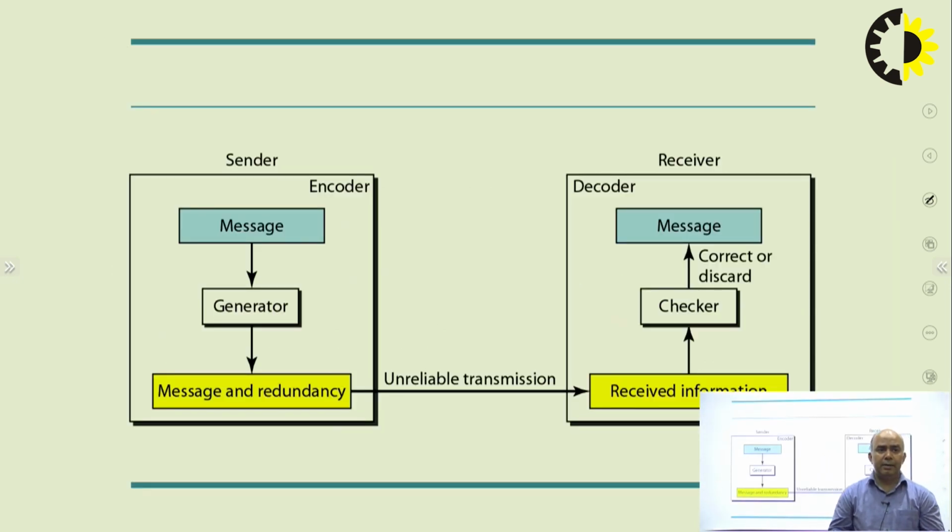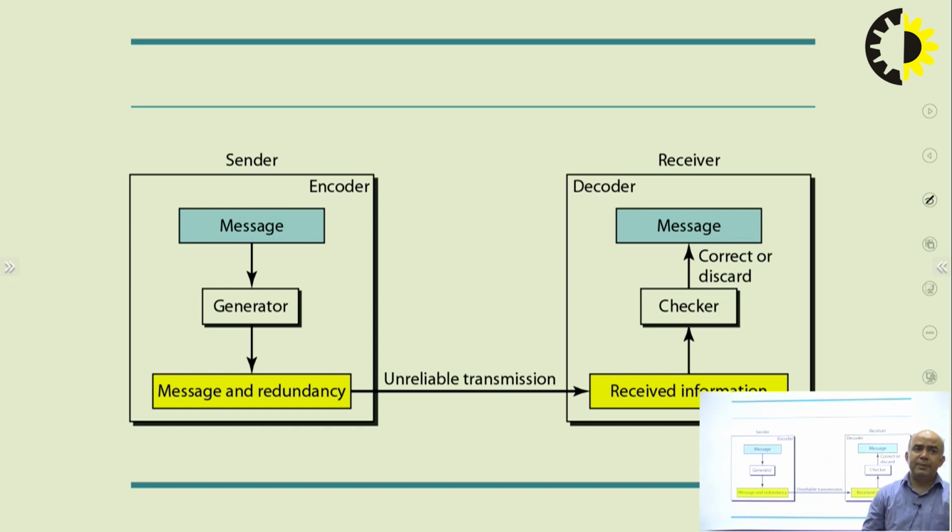This is the block diagram of how the data is transferred from sender to receiver, and how during this transfer the data is checked for whether an error has arisen or not. For this, we use an encoder and a decoder.